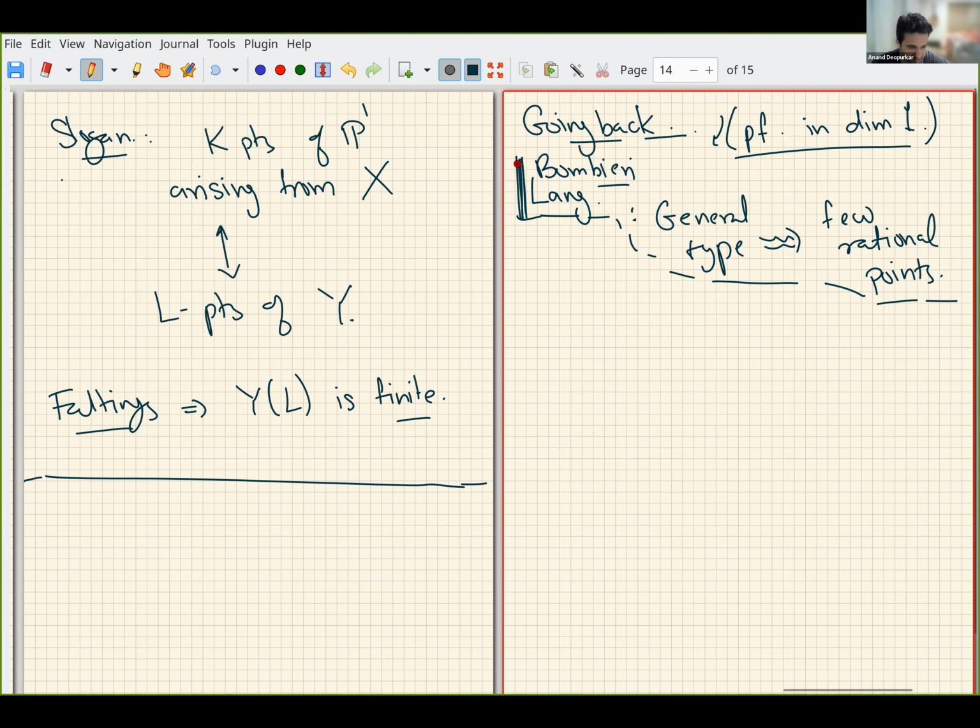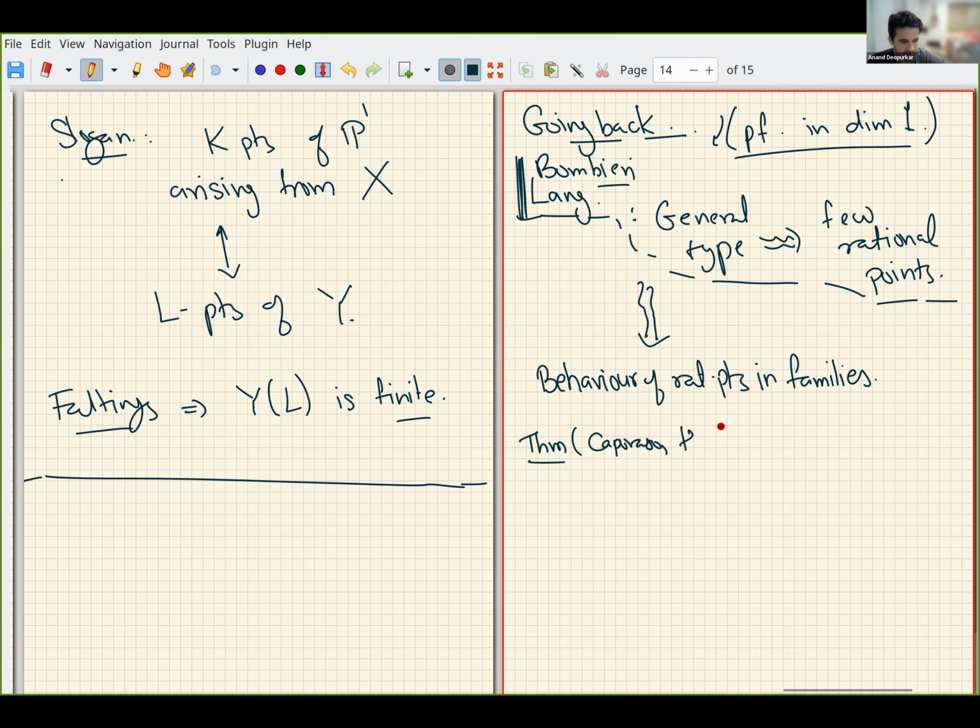But what I wanted to state now is that this has strong implications on the behavior of rational points in families. So let me state a theorem. This is a theorem of Caporaso, Joe Harris, and Mazur, which is conditional on Bombieri-Lang.